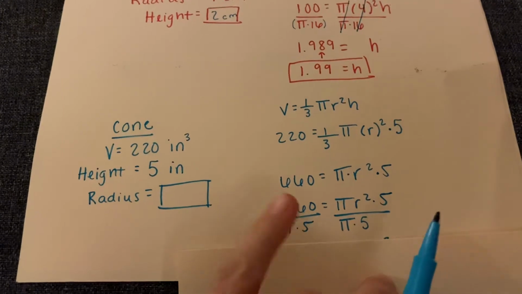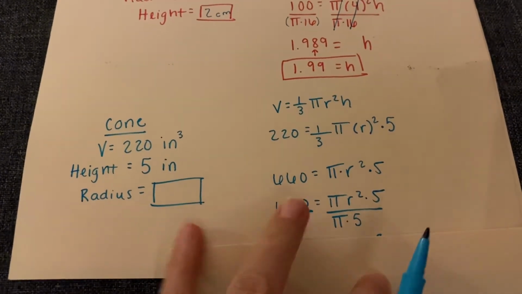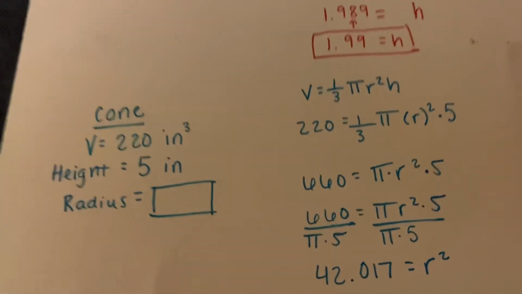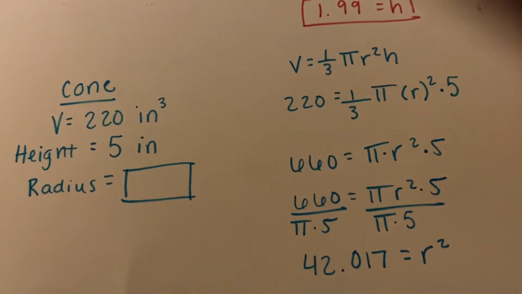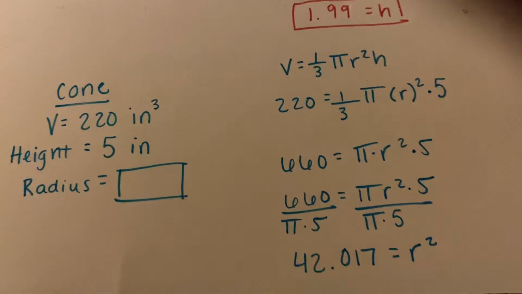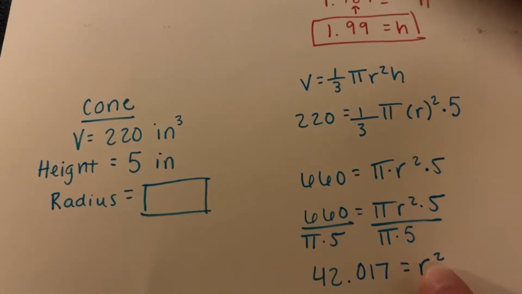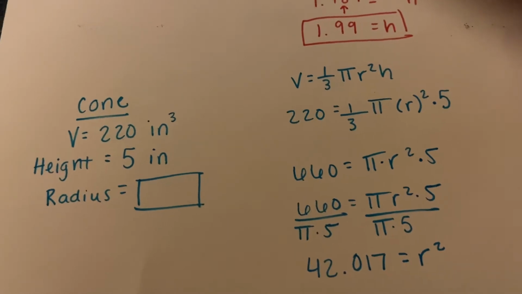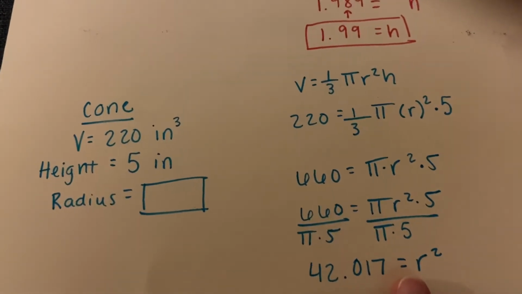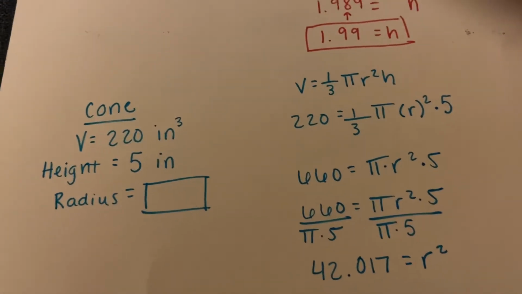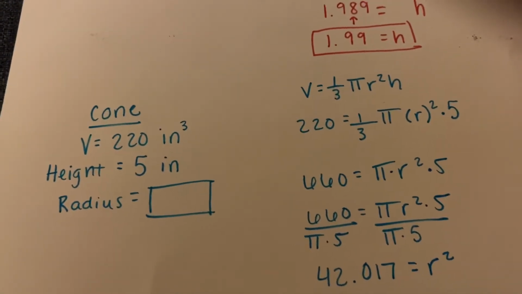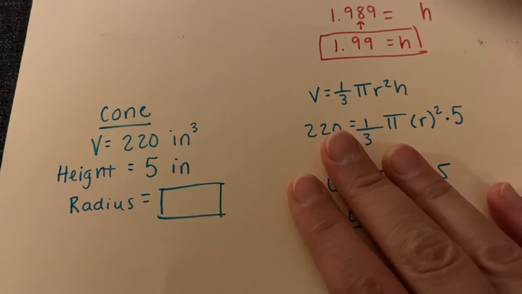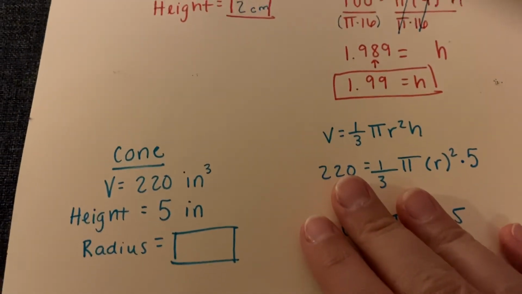And I just type this in on my calculator, and then I end up getting 42 and 17 thousandths equals r squared. But I don't want r squared. I want just the radius, not being squared. So you have to think, what is the inverse or the opposite of squaring a number? It's taking the square root.